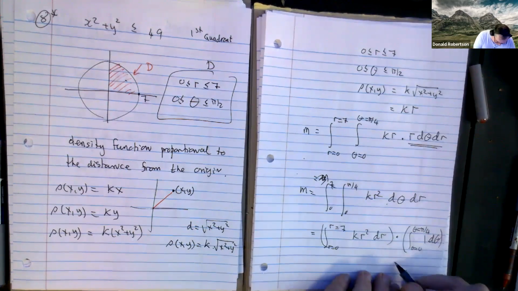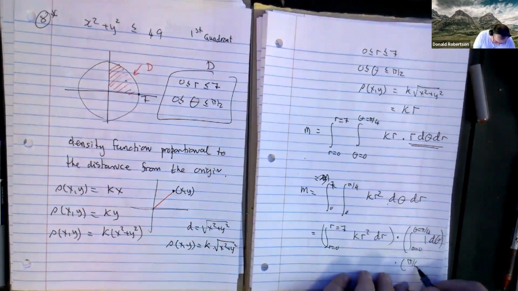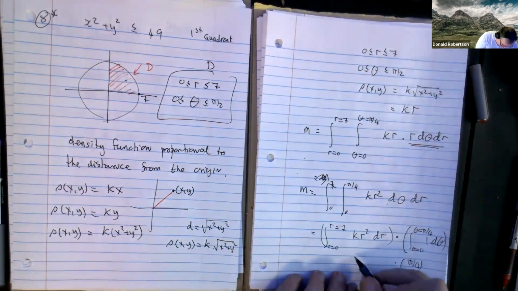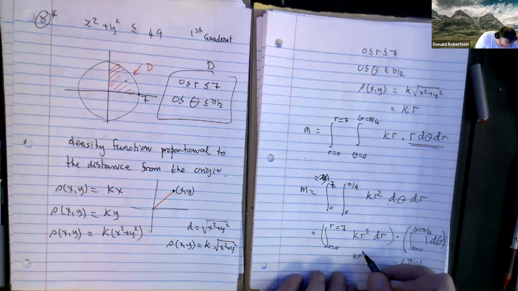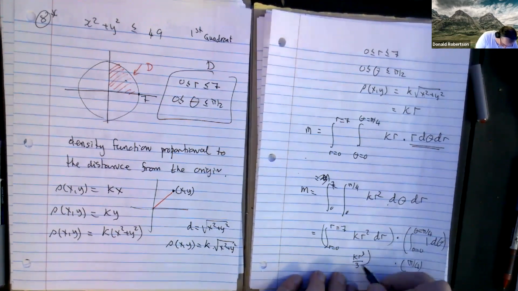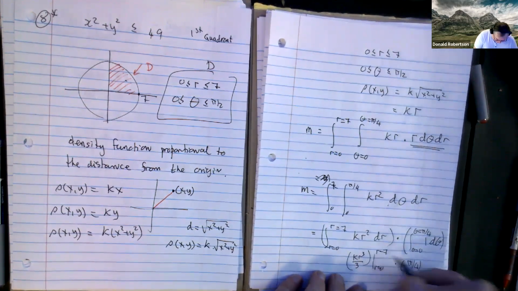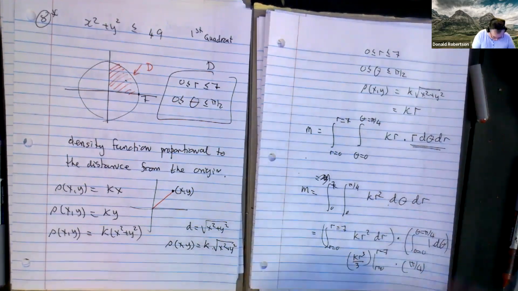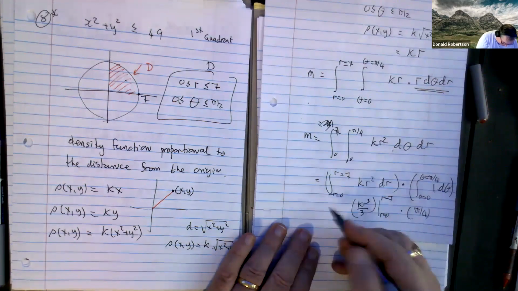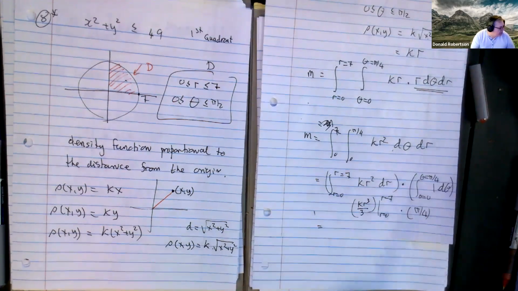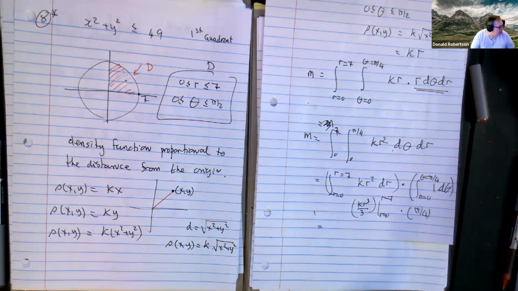I can tell that answer is going to be pi over 4. And I can do this as add 1 to the power, divide by the new power, evaluated at 0 and at 7. And I have no idea what 7 cubed is, but I guess it's going to be some really ugly number. So let me try it on my calculator. If you do 7 cubed, yep, 343.